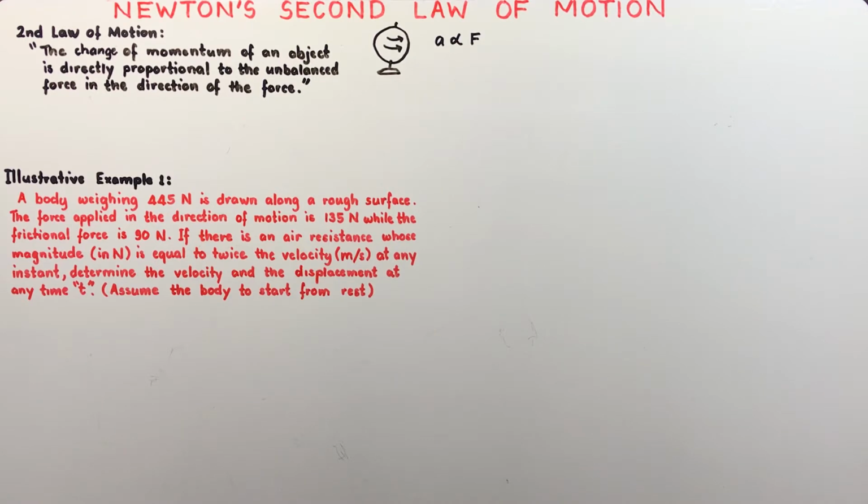Therefore, weights vary from planet to planet, but the mass remains the same, because this is the amount of matter present in the object.